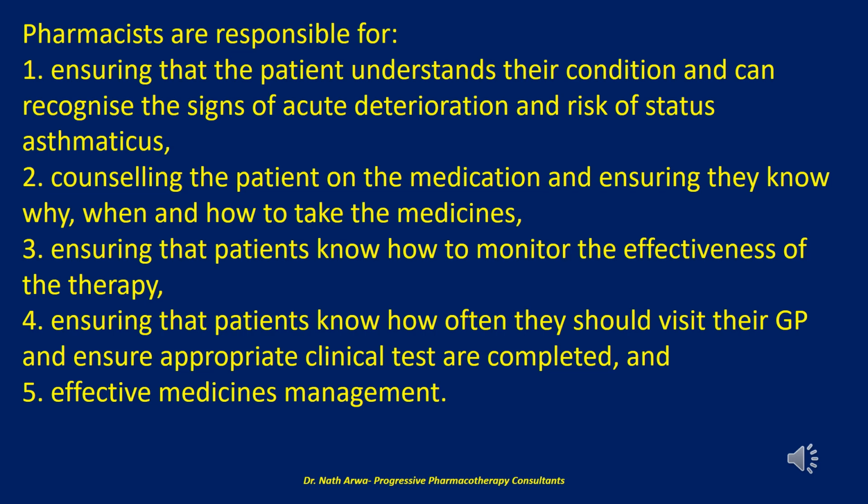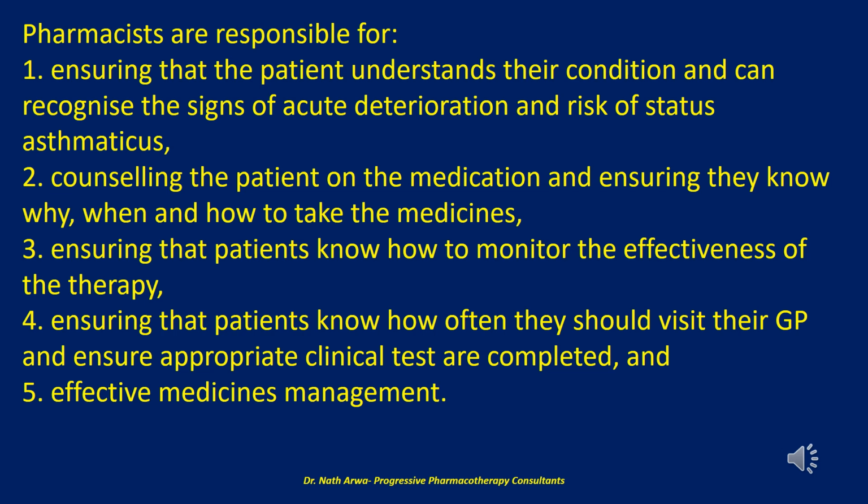Ensuring that the patient understands their condition and can recognize the signs of acute deterioration and risk of status asthmaticus. 2. Counseling the patient on the medication and ensuring they know why, when and how to take the medicines. 3. Ensuring that patients know how to monitor the effectiveness of the therapy.